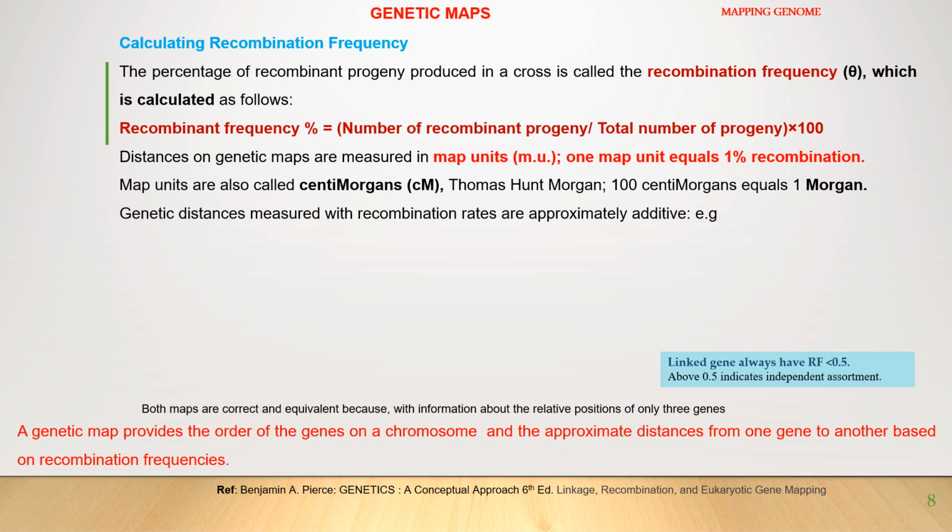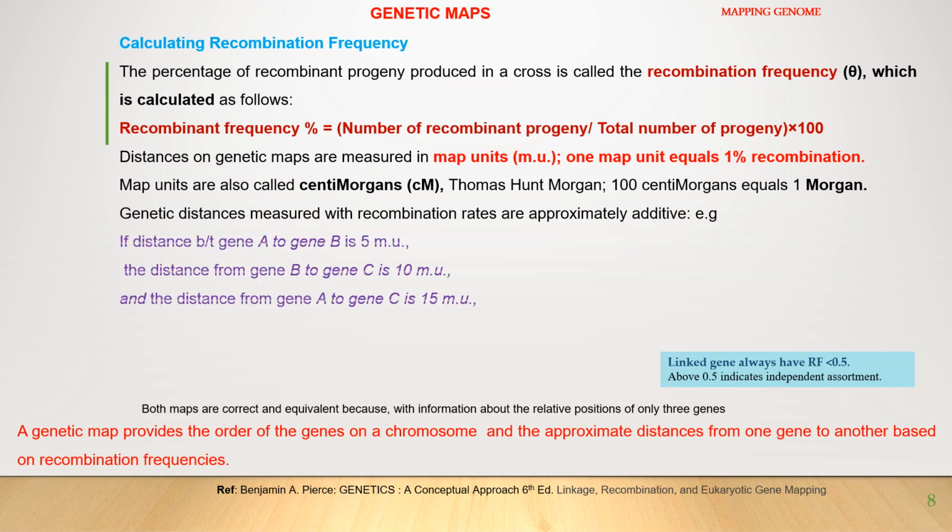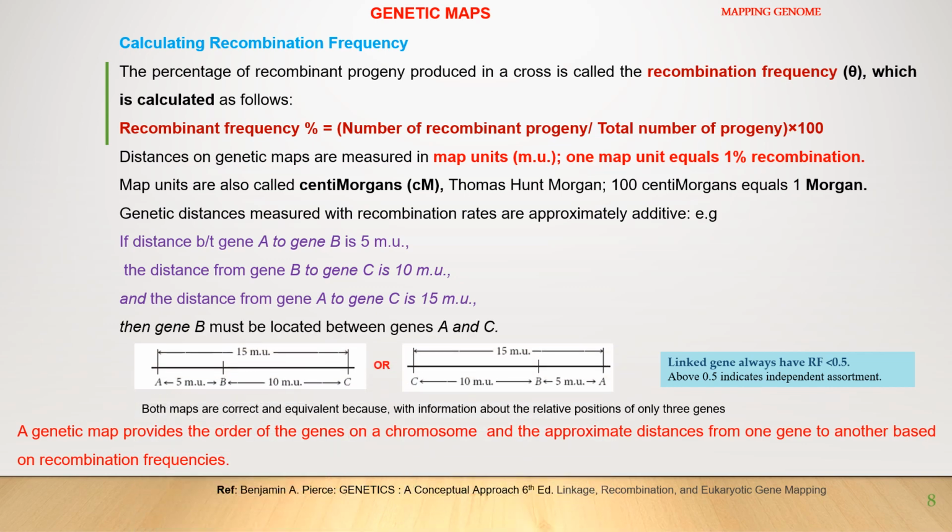Then the distance between A and C is the summation of the distance between A, B and B, C, that is 15 map units. The genetic map provides the order of genes on a chromosome and the approximate distance from one gene to another based on recombinant frequencies.